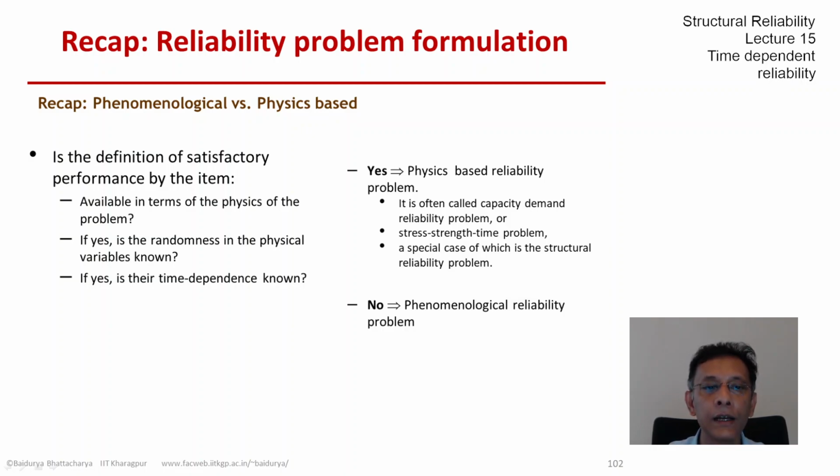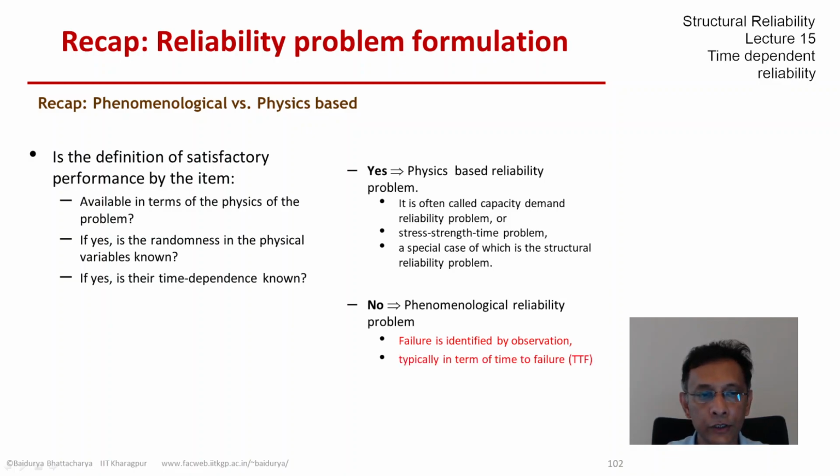What we have is a phenomenological approach, and we are going to define time to failure by observation, and then we can estimate various metrics from this time to failure, including reliability, hazard function, etc., which we are going to see later in this lecture.